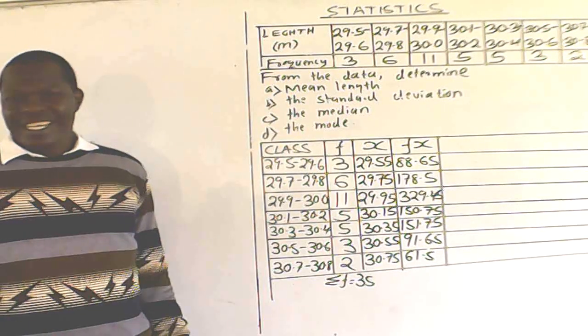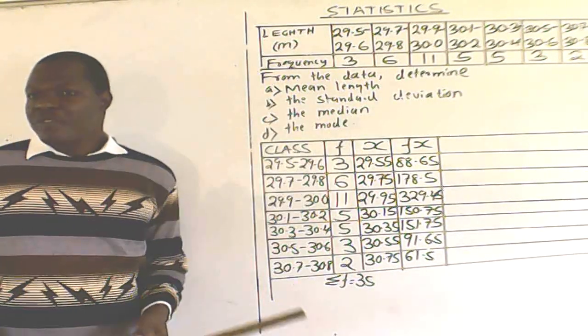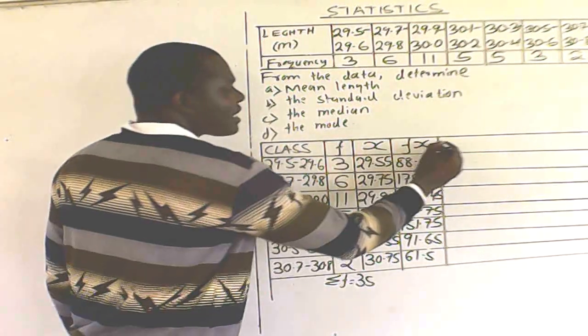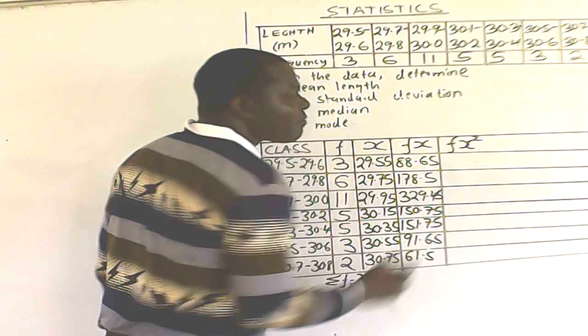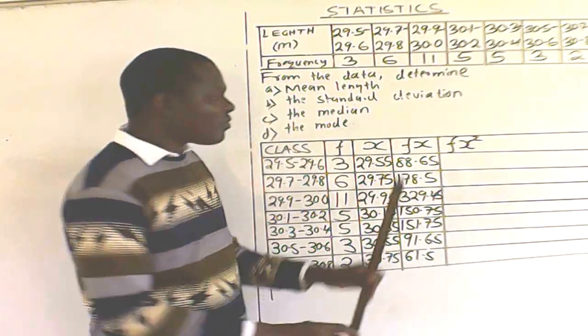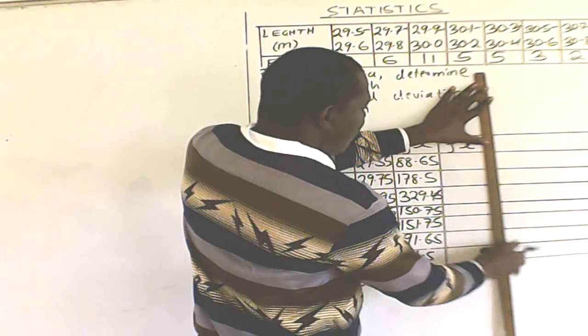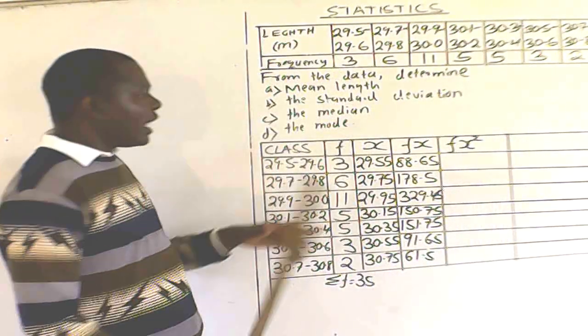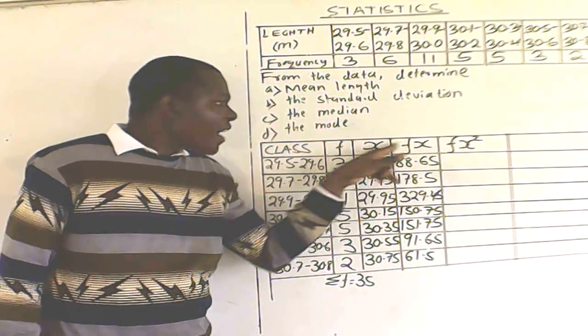So when we are going to look for the mean, we are going to have the fx. And when we are going to look for the standard deviation, it is the square root of the variance, meaning we must have fx squared. When looking for the variance, we must have fx squared, which is fx times x.